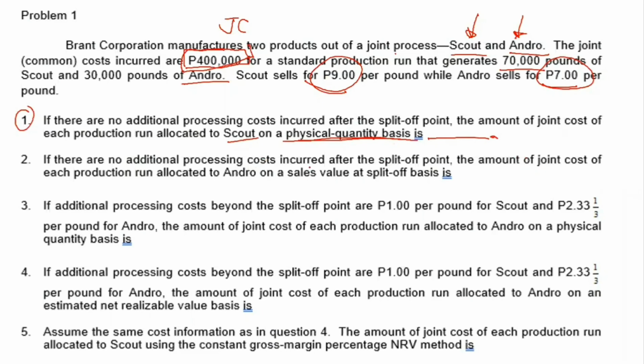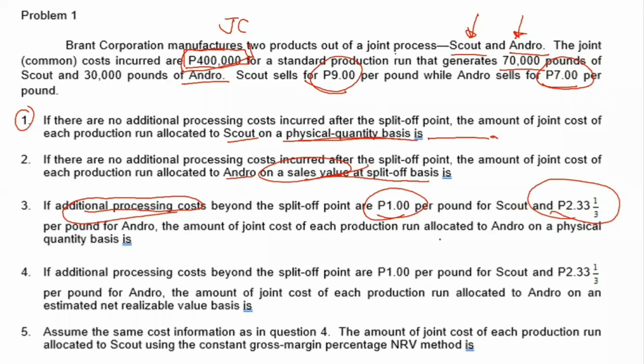So the amount of joint cost of each production run allocated to Andro on a sales value at split-off basis. So sales value naman ang gagamitin natin. Okay. Sabi sa number 3, additional processing cost. Ibig sabihin, we will process further. So meron tayong processing cost kay Scout, meron tayong processing cost na additional for Andro.